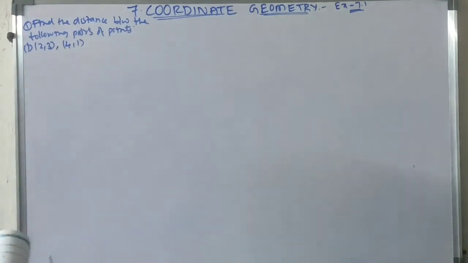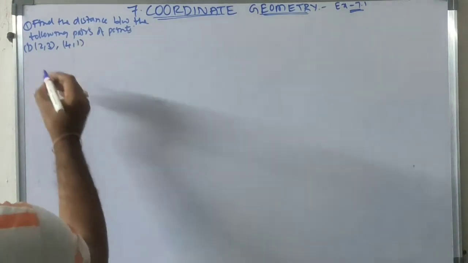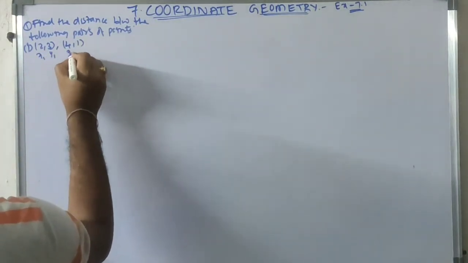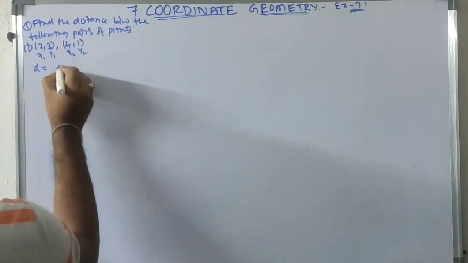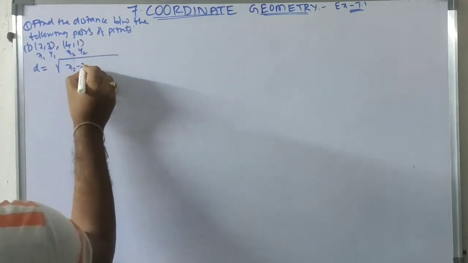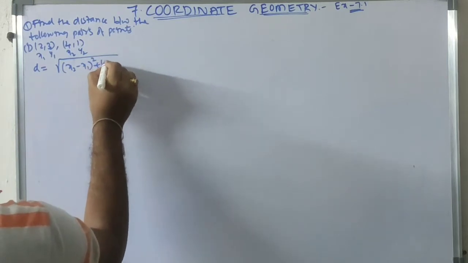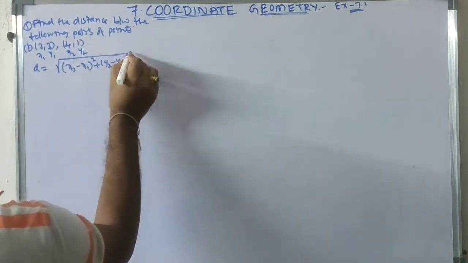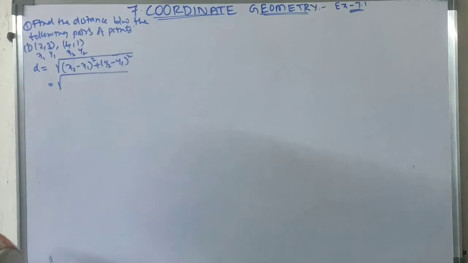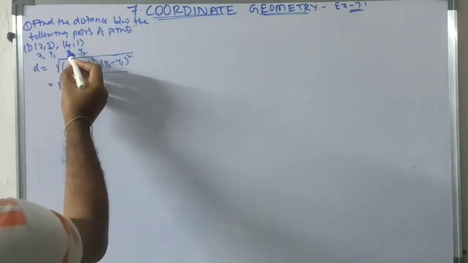Let us consider the first point x1, y1 and the second x2, y2. Distance formula: under root of (x2 minus x1) whole square plus (y2 minus y1) whole square. So this is x1, y1, x2, y2.